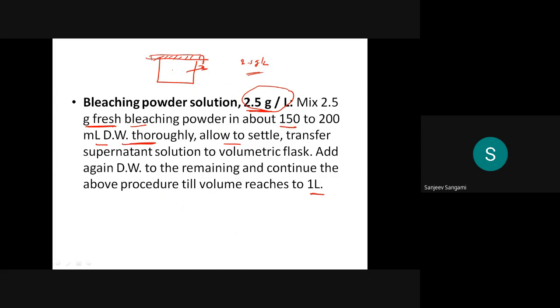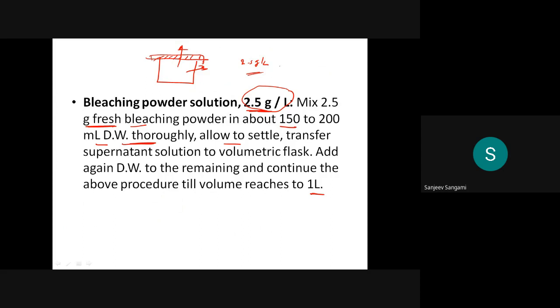If you open it or don't cover it, chlorine will escape, and then you won't get any chlorine from the bleaching powder. It has a tendency to escape; it is unstable in nature.